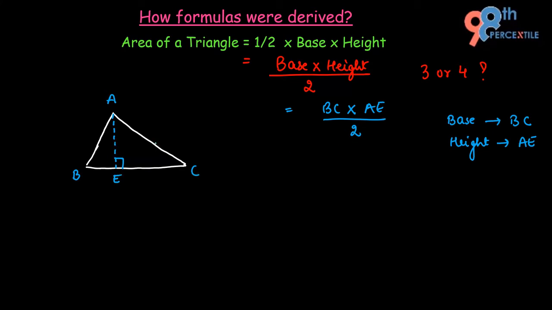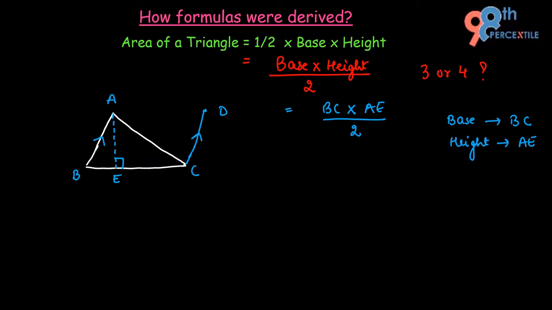Now to find that out, what I want you all to do is a little bit of construction over here. I want you to draw a line segment parallel to AB starting from the point C. So like this. And let's say that this point is D and DC is parallel to AB.